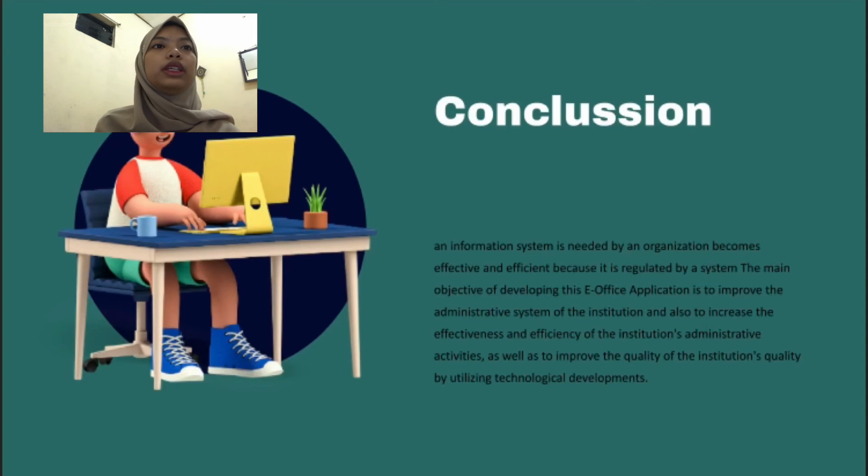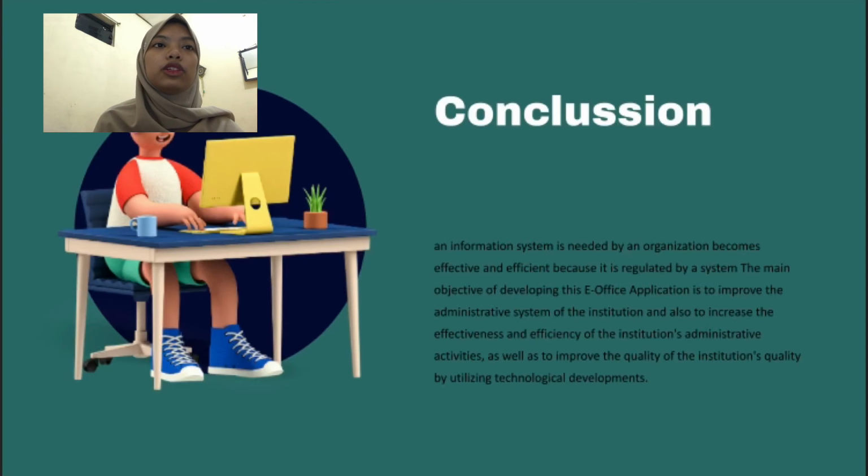Therefore an information system needed by an organization becomes effective and efficient because it is regulated by the system. The importance of developing technology to create better management practice was also released by this journal.